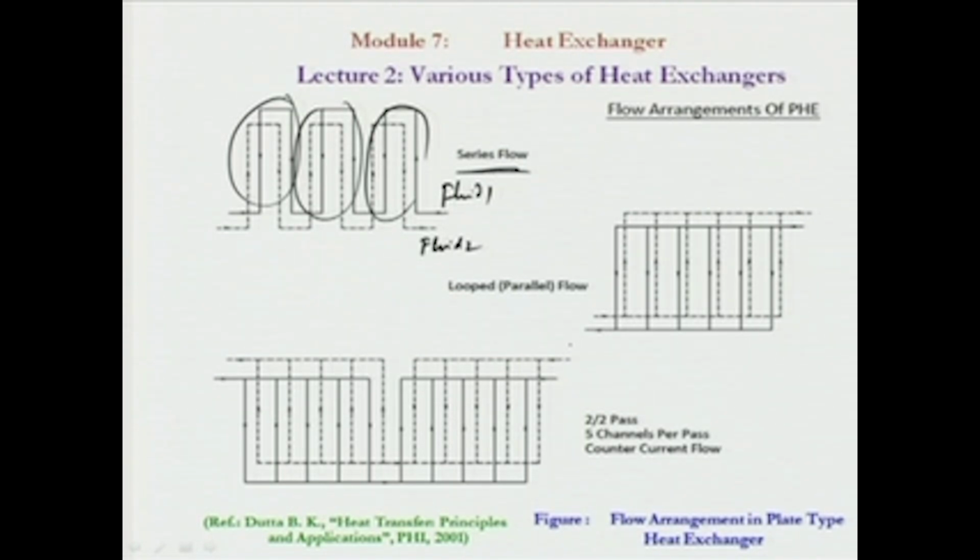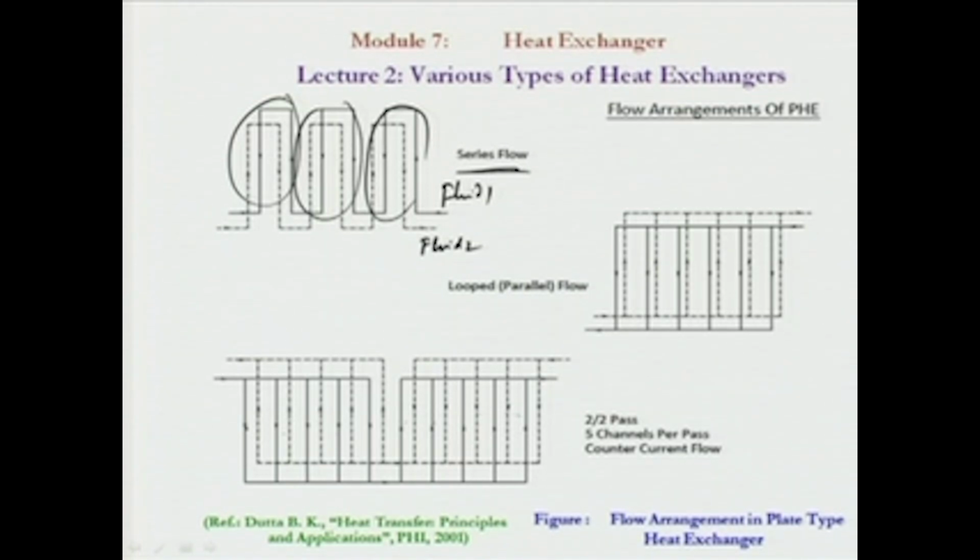As I told you, in plate type heat exchangers the arrangement can be of different types, and this is a typical, a little bit more complicated arrangement. We can see that this is 2 pass, 5 channels per pass, counter flow arrangement. This is 5 channels. We can see 1, 2, 3, 4, 5 channels here. Here also 1, 2, 3, 4, 5. So 5 channels per pass. This is one pass. This is another pass.